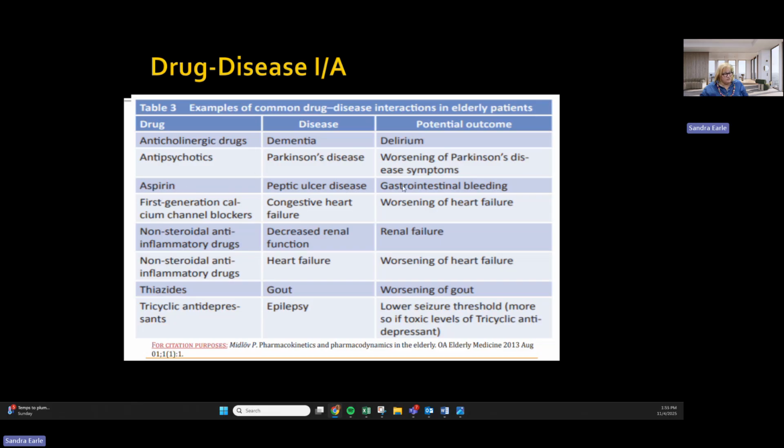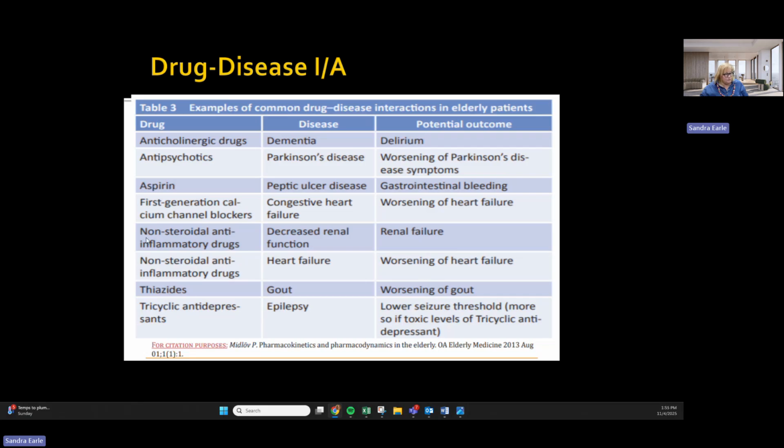Aspirin with peptic ulcer disease, you can see GI bleeding. First generation calcium channel blockers with congestive heart failure. Again, you can see a worsening of the heart failure. Non-steroidals with renal failure. You're going to have an enhanced renal failure, again, decreasing perfusion of the kidneys. Non-steroidals in heart failure, you can see worsening heart failure.